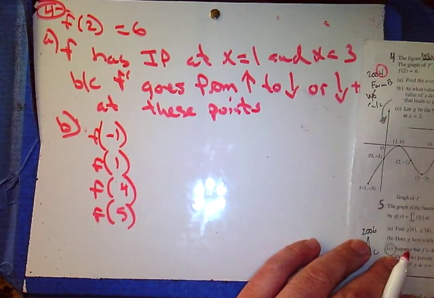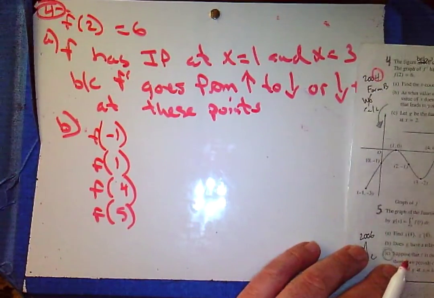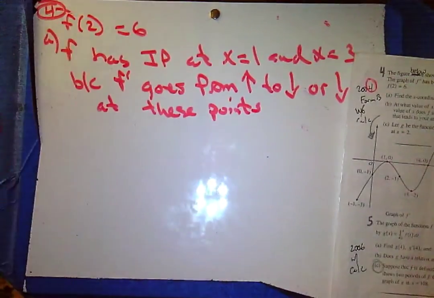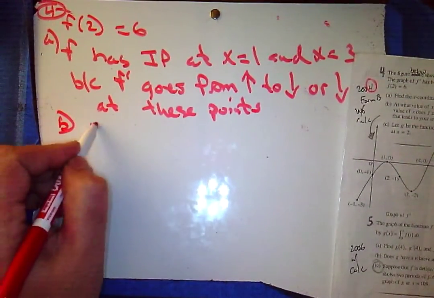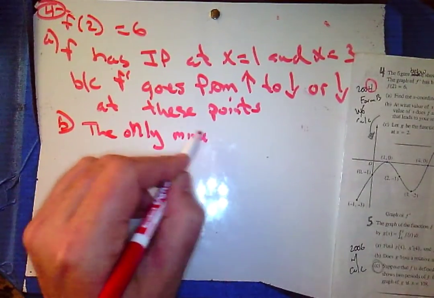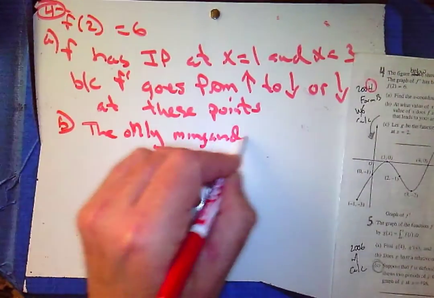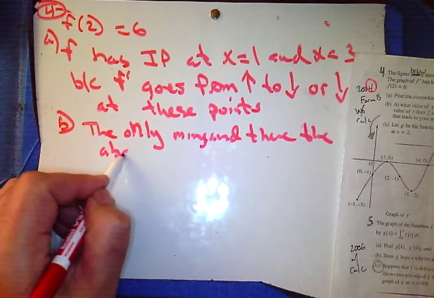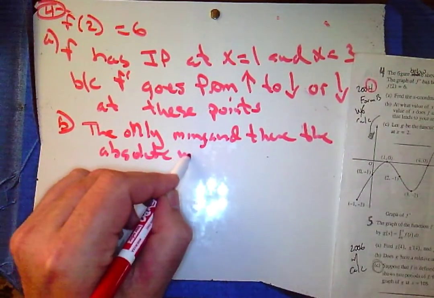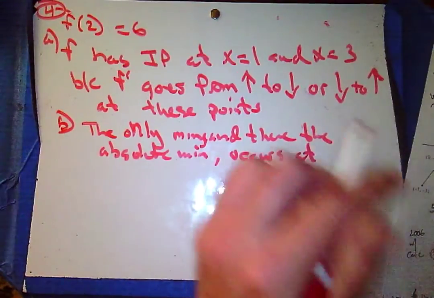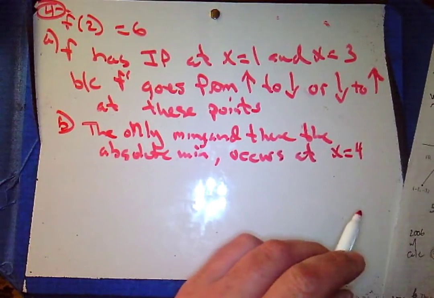So I don't feel like I can actually do a candidates test here to integrate things. All I feel like I can say is that it's the only min, and therefore the absolute min occurs at x equals 4.